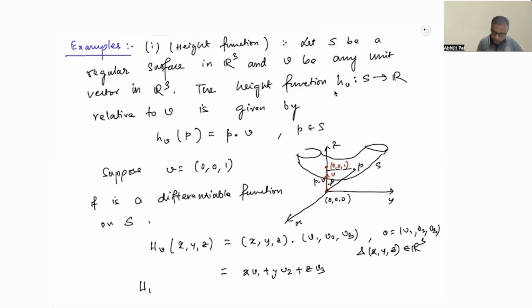So this function H_b from R3 to R is differentiable on R3, and small h_b is equal to capital H_b restricted to S. Because of that, this height function is differentiable, since it is the restriction of a differentiable function.